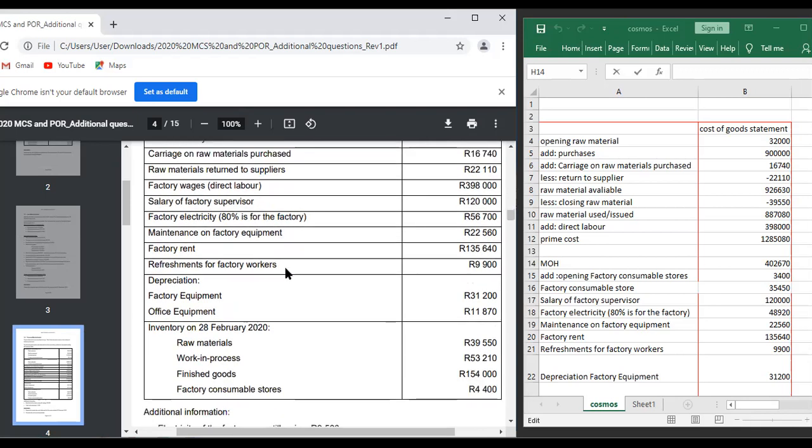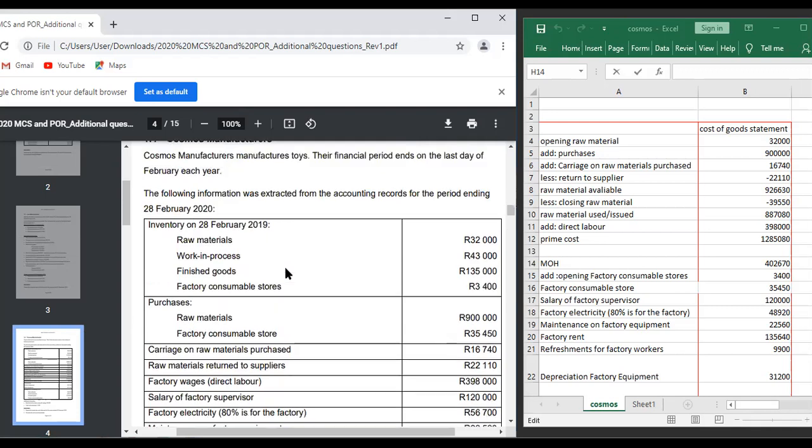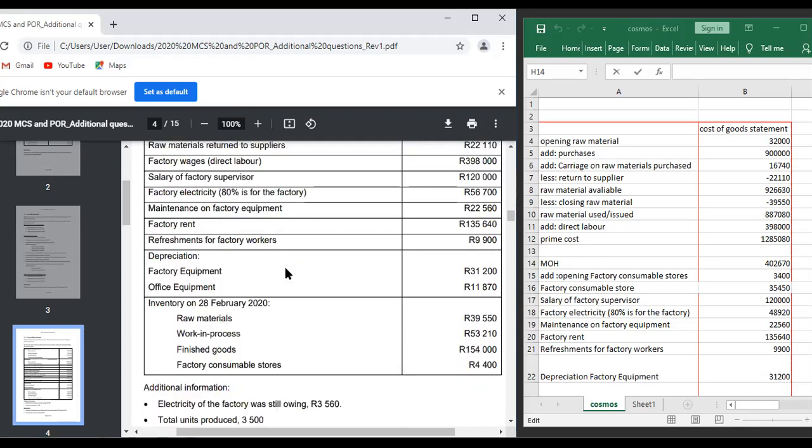Inventory on the 28th February 2020: remember, earlier we had inventory on the 28th February 2019. We now have the one at the 28th February 2020. So this is our closing balances: raw materials, work in progress, finished goods, and factory consumables.